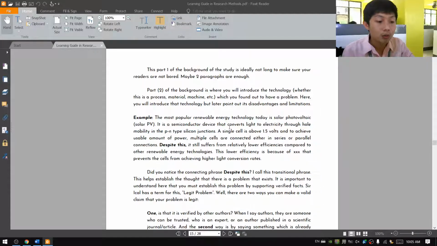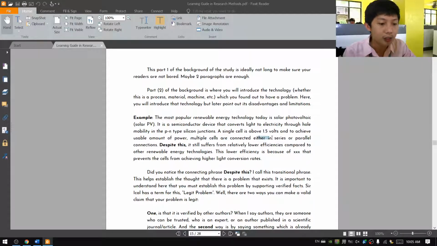So, a single cell here is about 1.5 volts, and obviously 1.5 is not enough for you to power almost anything. So you have to achieve a usable amount of power, and this can be done by connecting multiple cells, so we connect multiple cells to make them bigger.